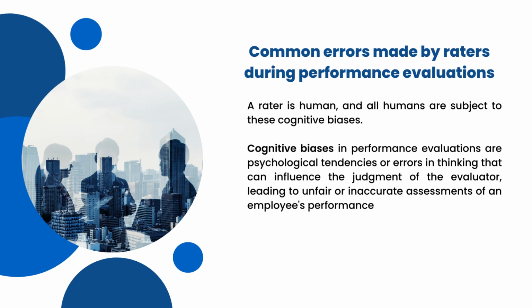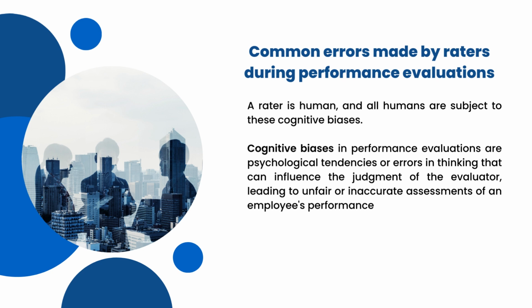They are systematic errors in thinking that affect the decisions and judgments that people make, and these biases can significantly affect the objectivity and fairness of performance evaluations, leading to potential issues in employee morale, retention, and overall productivity.